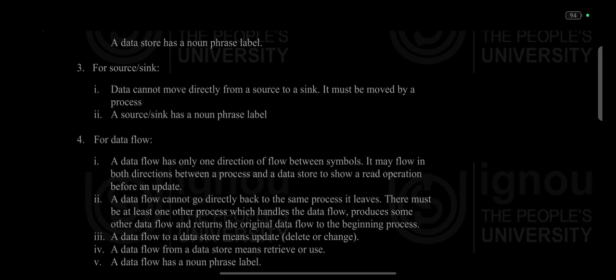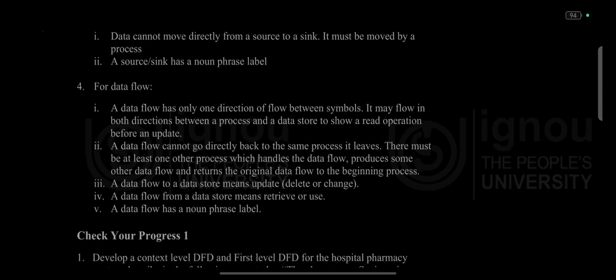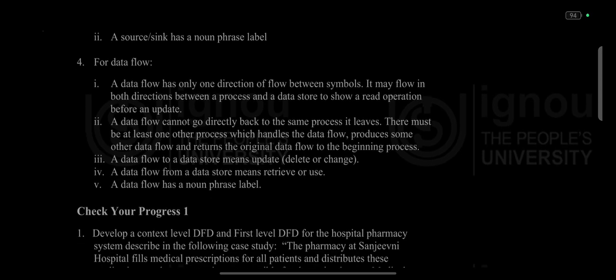For source or sink: data cannot move directly from a source to a sink. It must be moved by a process. A source or sink has a noun phrase label. For data flow: a data flow has only one direction of flow between symbols. It may flow in both directions between a process and a data store to show a read operation before an update. A data flow cannot go directly back to the same process it leaves.